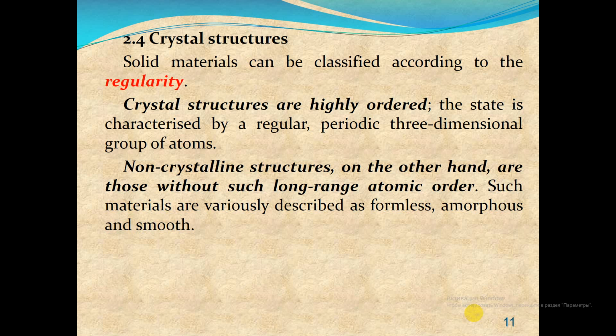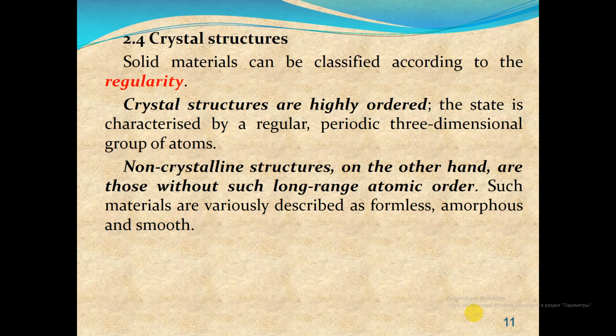The state is characterized by a regular, periodic three-dimensional array of atoms, ions, or molecules, and these crystalline solids have properties that result from this high degree of internal order.